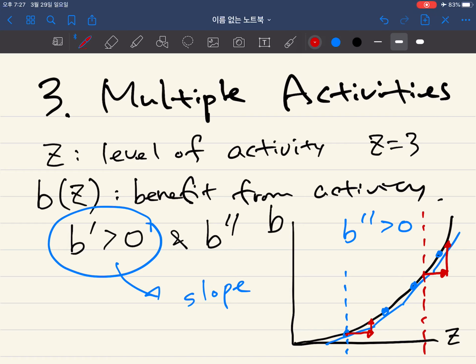It's gonna go up a lot, right? But suppose you are using your car already a lot, like 10 times a day already. In such a situation, you use your car one more time, what's gonna happen to your utility? Of course it's gonna go up, but it doesn't go up that much, right?